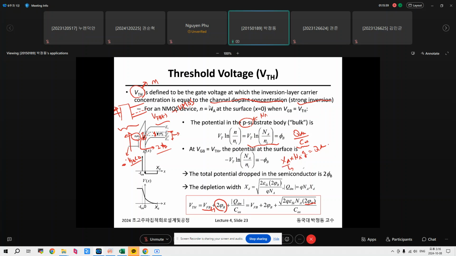Here XD is the square root of 2 epsilon silicon divided by Q Na, multiplied by 2 phi b. Okay? So you put this in over here, this is XD, then you get this. That's why you get this very widely known threshold voltage relation. You notice that VFB is negative and threshold voltage is positive for NMOS. Okay.